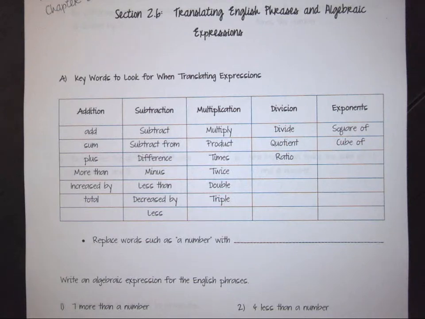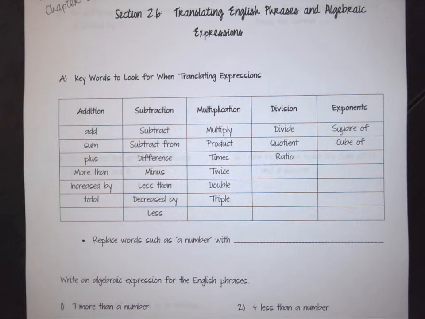Alright, welcome back. In this lecture, I wanted to look at being able to translate English phrases to algebraic expressions. This is a concept that a lot of students struggle with, being able to go back and forth from an English sentence into an algebraic expression and to do it correctly.